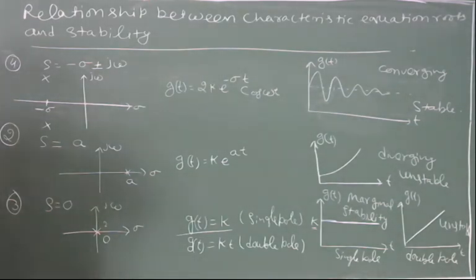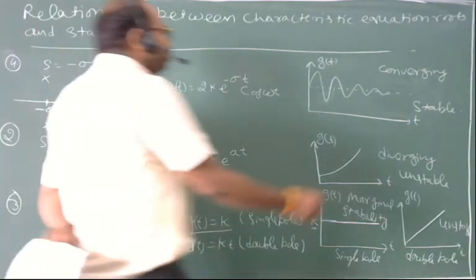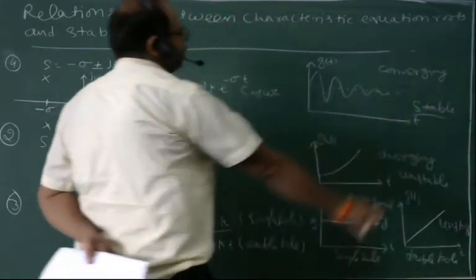It means whether a real pole or a complex pole lies in the left half of the S plane, the system is always stable.